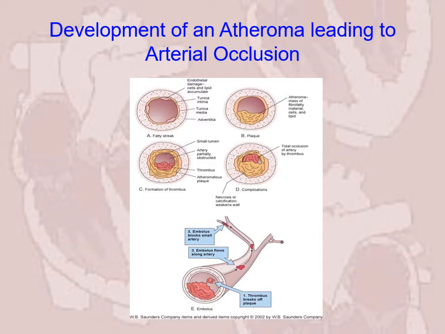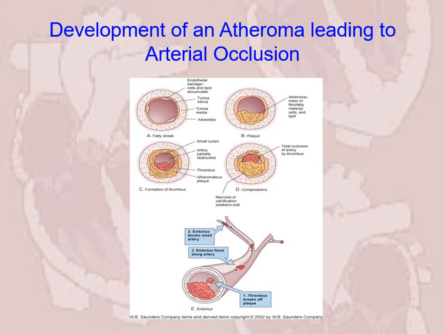When you're talking about the development of an atheroma leading to arterial occlusion, there's usually a process involved where there's some kind of damage that happens to the endothelium, which is the interior lining of an artery. And it's showing you on the top left-hand picture the tunics, or the layers of an artery.